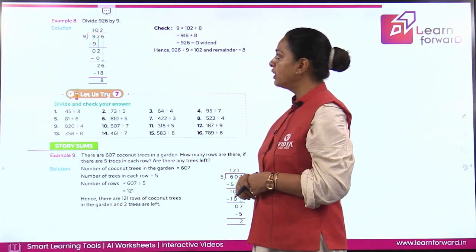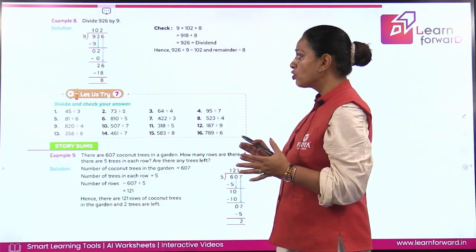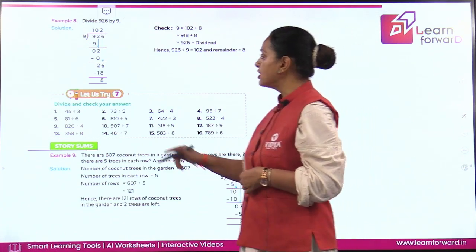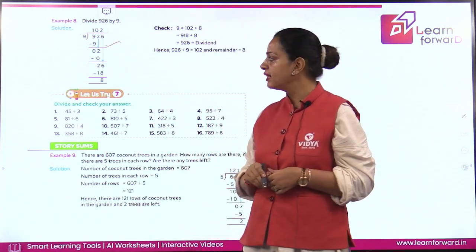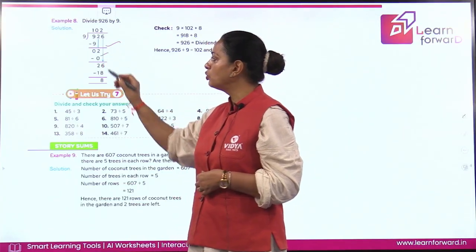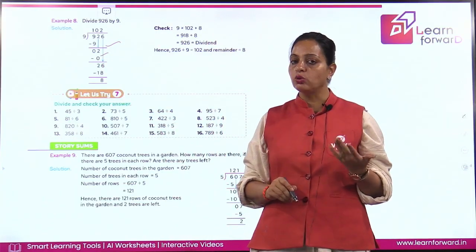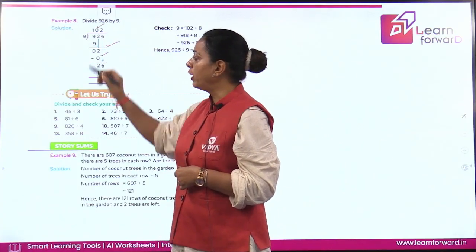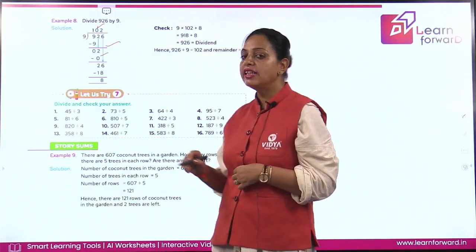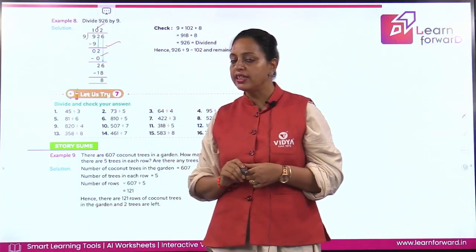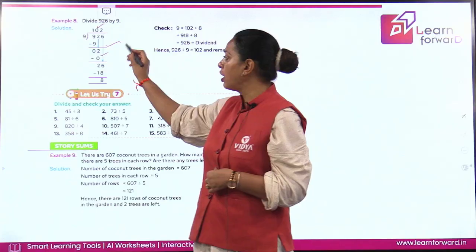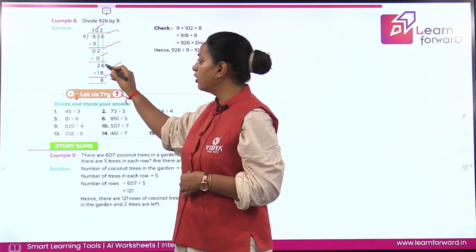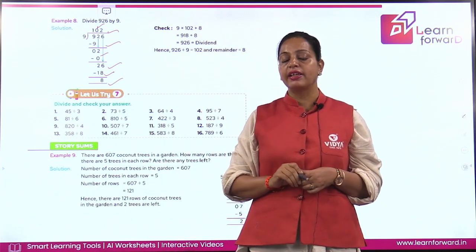Divide 926 by 9. So first of all we will take the hundreds digit. We can divide 9 by 9. 9 1s are 9. Okay, subtract. You will get 0. Bring down 2. Now 2 is smaller than 9. We cannot divide 2 by 9, so what will we put here? 0. Okay, this is very important. You have to write 0 in the quotient. Right? Now bring down the next digit. It becomes 26. Now 9 2s are 18. So 2 here, 18 here, we will subtract both. Remainder is 8.